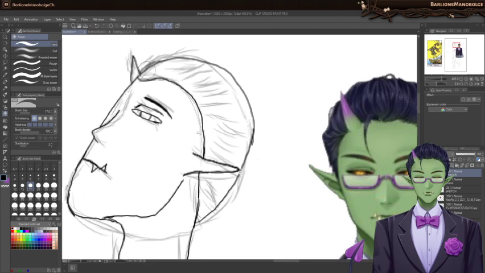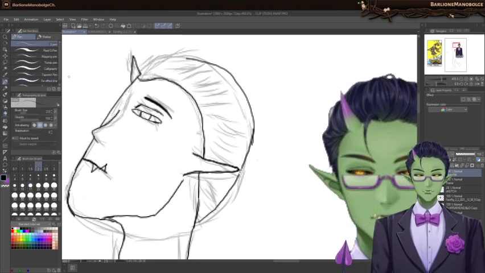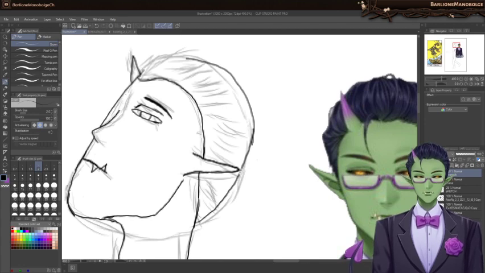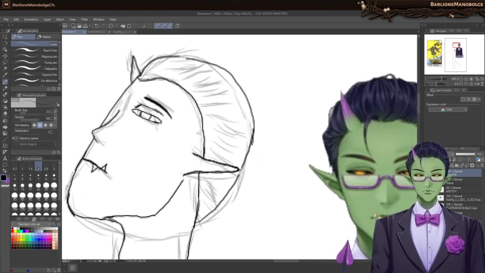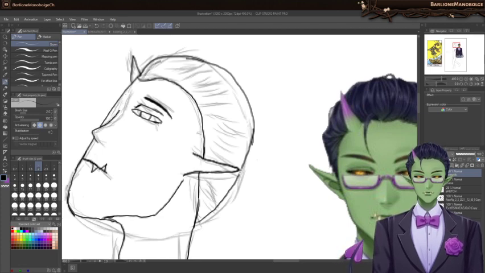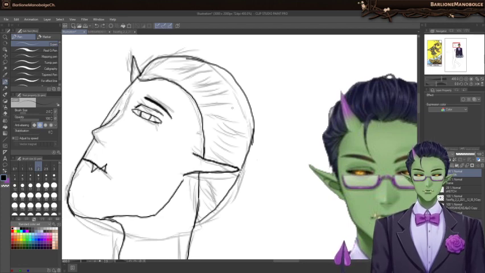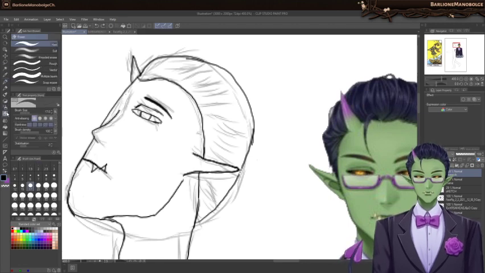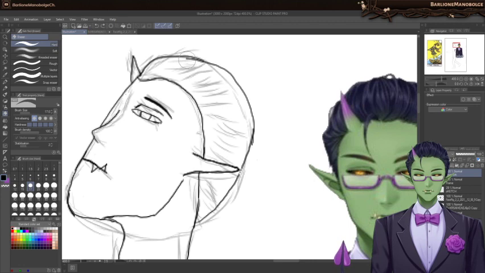Let's see. I think more like that. Okay. Too high at the top, not wide enough at the back.